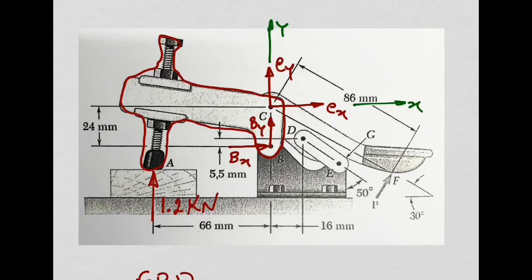I'm going to underline the link CF. Okay? So you need now to isolate this link CF in blue. I underlined in blue. And then, in order to isolate, you need to break up all the connections of this link CF.